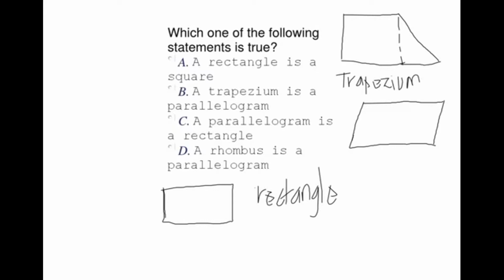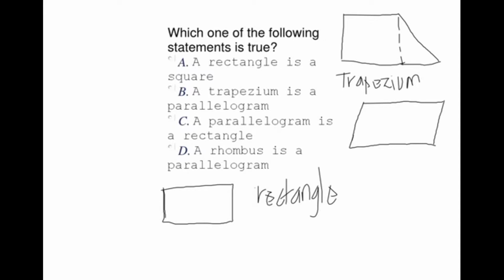Which of the following statements is true? A rectangle is a square. A trapezium is a parallelogram. A parallelogram is a rectangle. A rhombus is a parallelogram. So this is a rectangle.